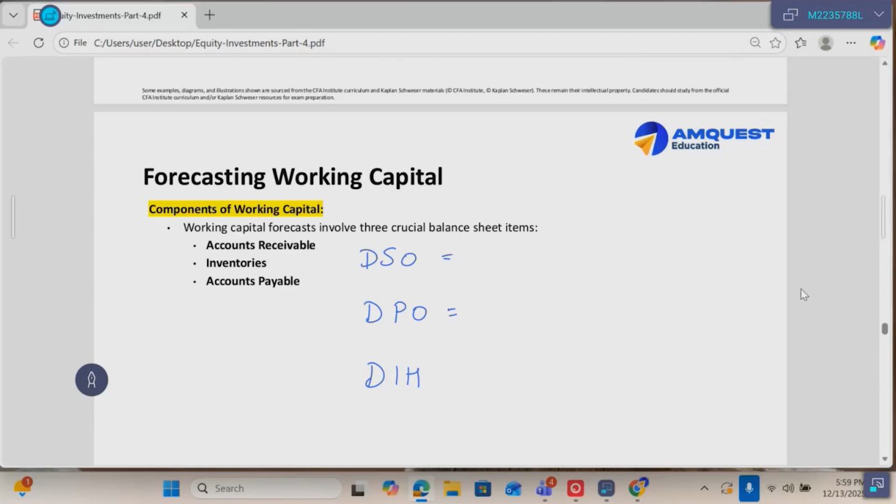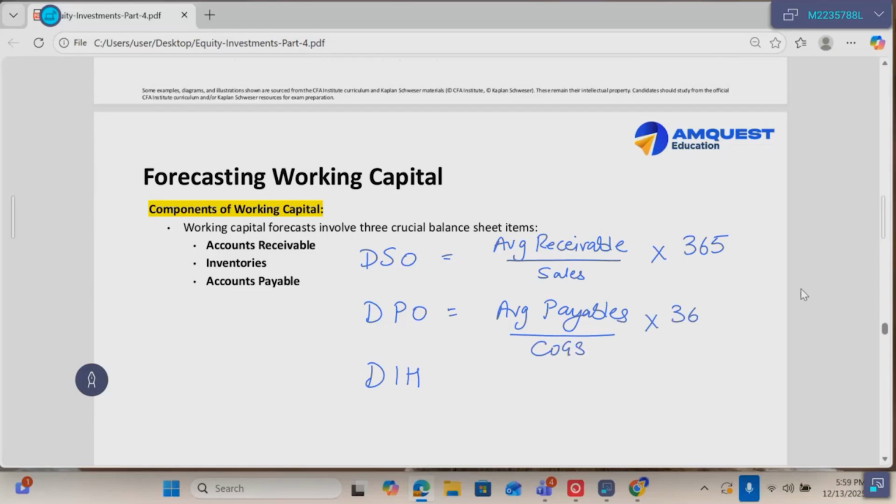So this is average receivable divided by sales multiplied by 360, or 365. You can take both. Days payable outstanding is average payables divided by purchases, if available. Otherwise, we can take COGS, multiplied by 365. Days inventory in hand: the formula we use is average inventory, and again, in the denominator, we have COGS multiplied by 365.